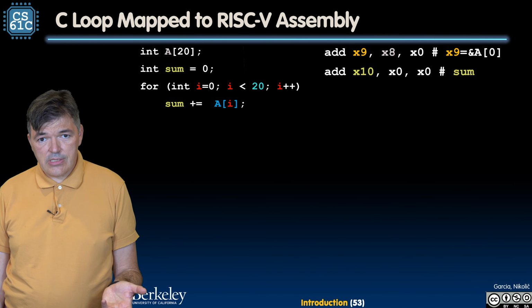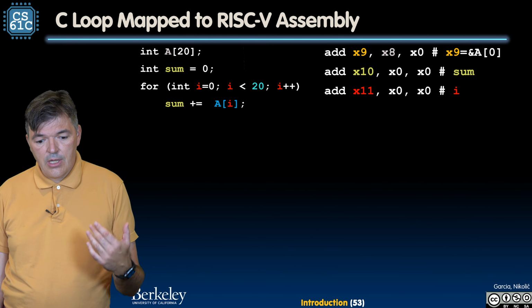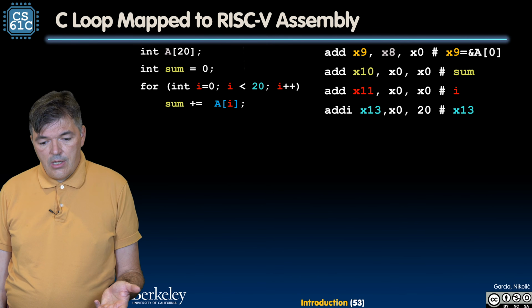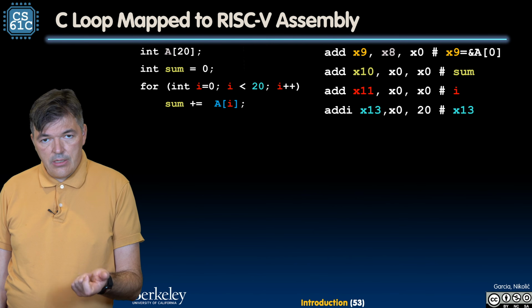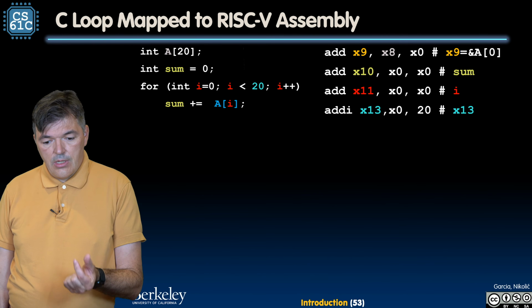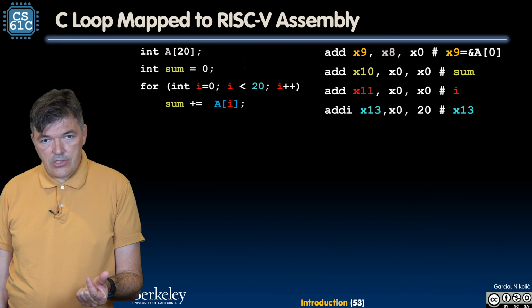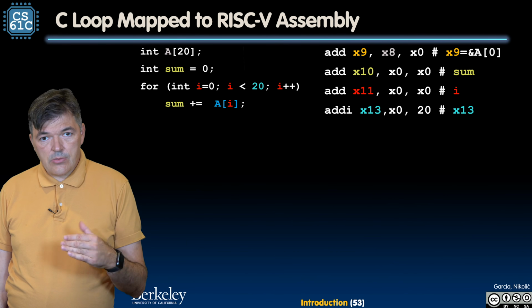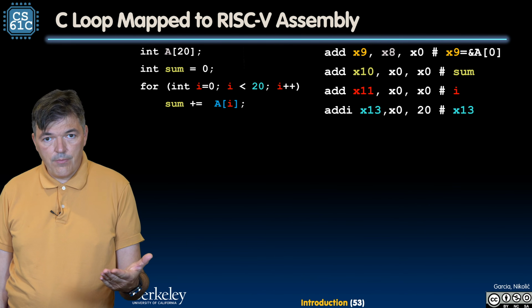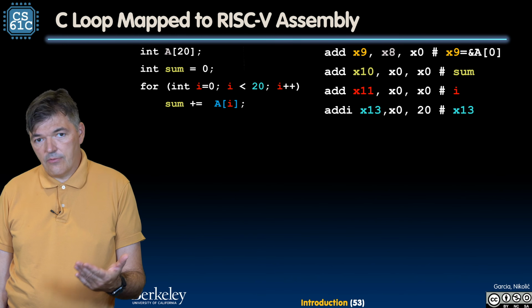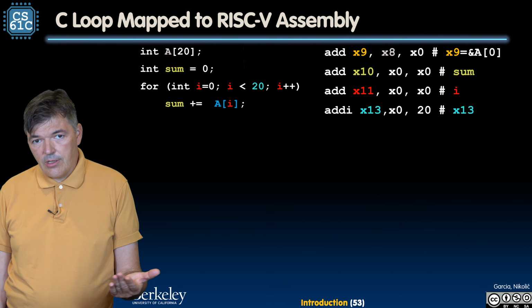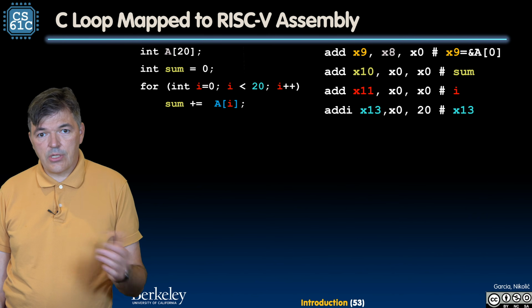Then we need to initialize everything. We'll initialize sum to 0, index i to 0. And we do need to store the final value 20 in register x13, because we'll need to compare i to that value and find out if we have completed our summation.